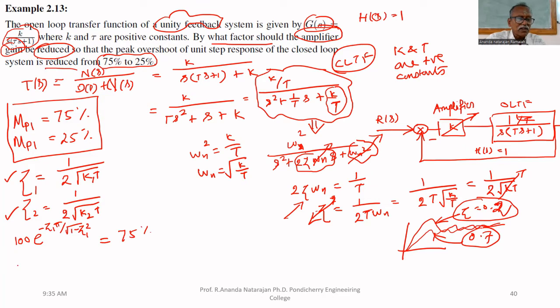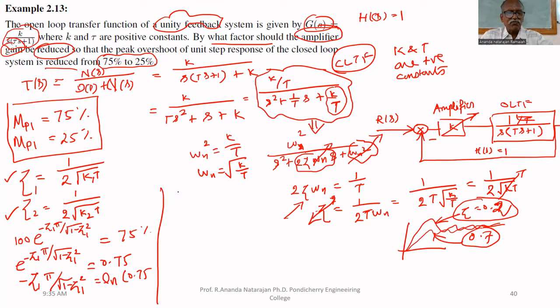It means e power minus zeta 1 pi upon square root of 1 minus zeta 1 square equal to 0.75. Therefore, minus zeta 1 pi upon square root of 1 minus zeta 1 square equal to ln of 0.75.